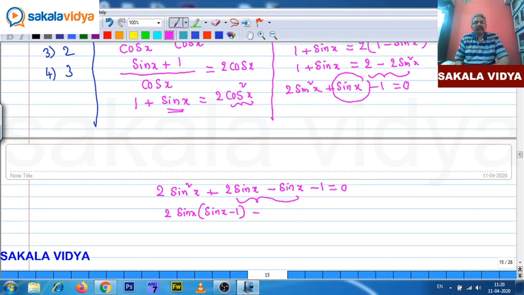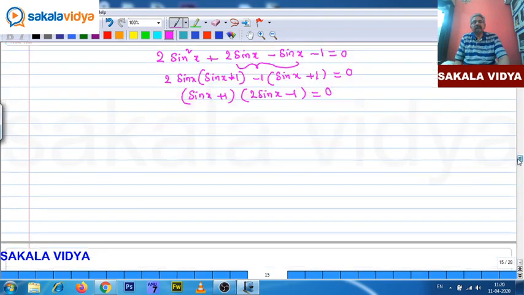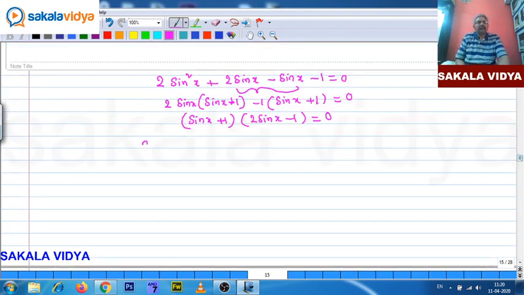Here minus 1 common, we have sin x plus 1. So we have sin x plus 1 into 2 sin x minus 1 is equal to 0. So here we get sin x plus 1 is equal to 0, sin x is equal to minus 1. And 2 sin x minus 1 is equal to 0, sin x is equal to 1 by 2.